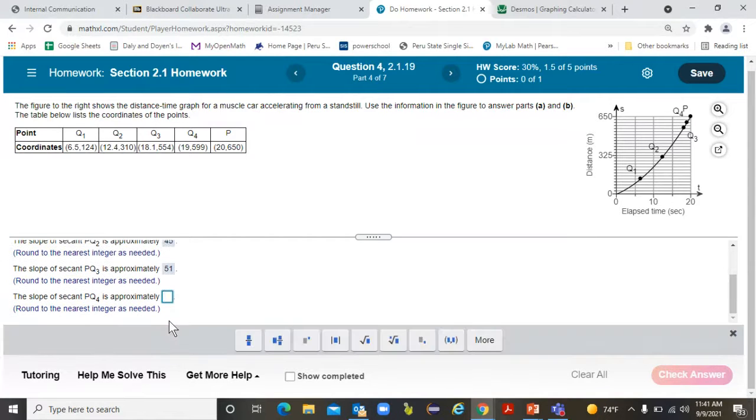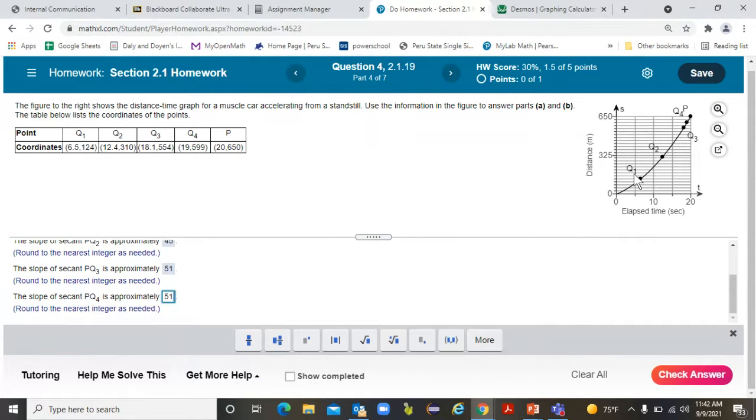And then that very last stretch, 650 minus 599 divided by 20 minus 19. Notice this is the last second, divided by 1, so that was 51. In that last second, he was going 51 meters per second.